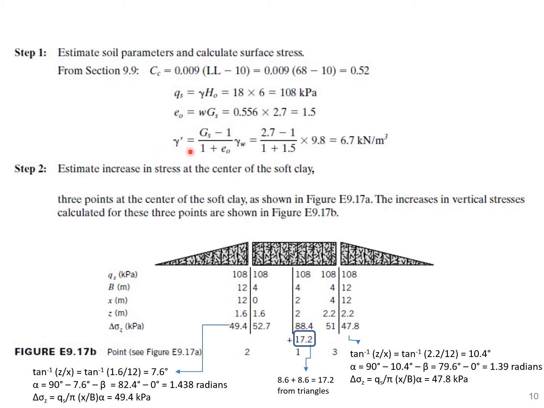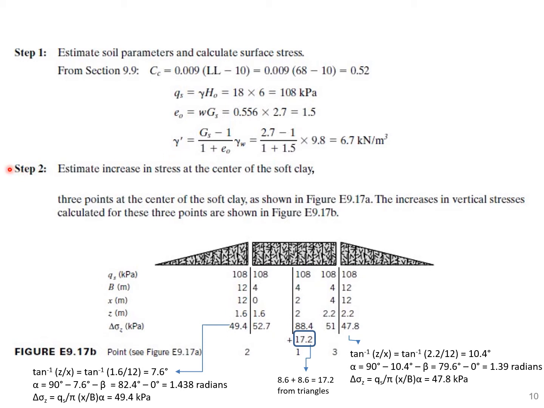And then this is the formula for the submerged unit weight: (G_s minus 1) over (1 plus e_0) times the unit weight of water, and that is coming 6.7 kilonewton per cubic meter. Keep in mind that the submerged unit weight, or the buoyant unit weight, is equal to the saturated unit weight minus the unit weight of water.